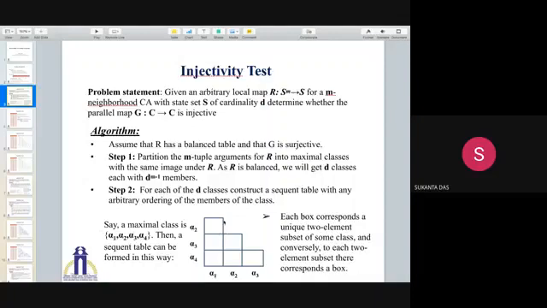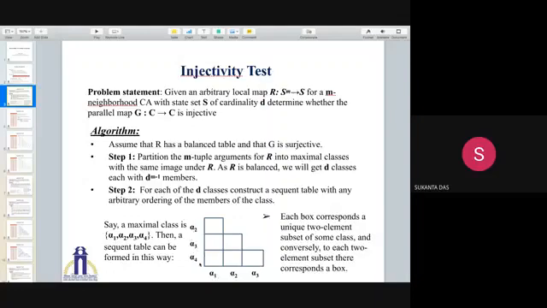Now I form a table in this way. Along the x-axis, I write alpha 1, alpha 2, alpha 3, and along the y-axis, I don't repeat alpha 1; I repeat with alpha 2, alpha 3, alpha 4. This order doesn't matter. You can start with alpha 1, alpha 3, alpha 2 and here alpha 4, alpha 2, alpha 3.